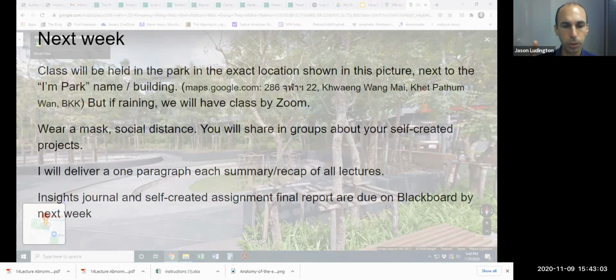I want you to grade yourself more on effort, less on accomplishment. Because I know a lot of you are inclined to grade yourself based on how well you did, but I want you to grade yourself more on how consistent you were.